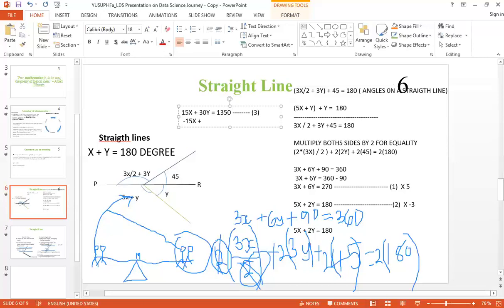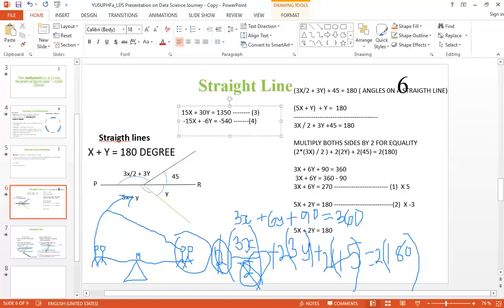Plus, you take this minus 3 again times 2y, and that's going to give us minus 6y, is equal to. We take this minus 3 again and multiply 180. That's going to give us minus 540. Good. Let's call that equation 4. You're almost done.